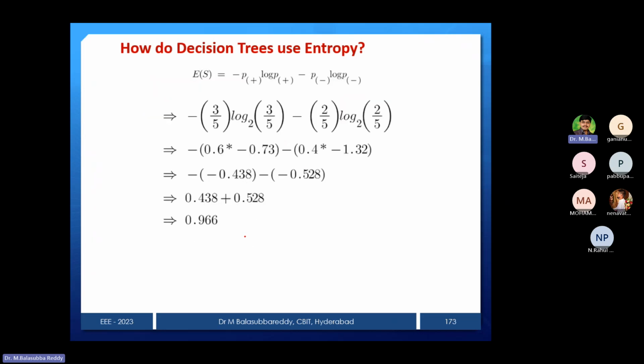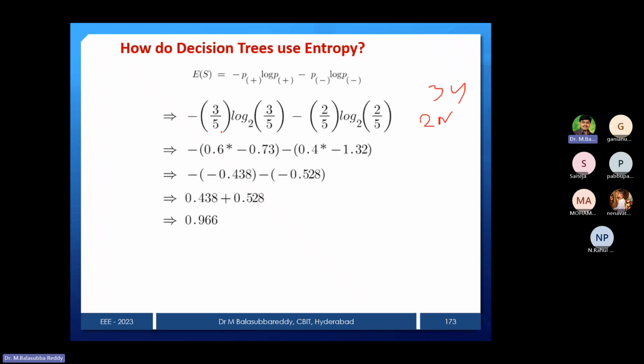Now we move on to feature 3. In feature 3, as we discussed in the tree, 3 yes and 2 no's.